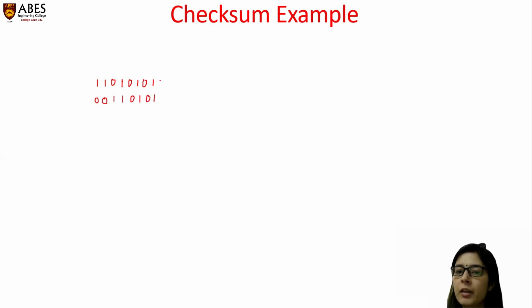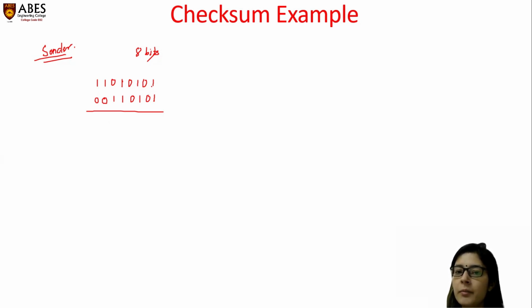We have divided the data into two segments, two subunits, each of size 8 bits. Now the process of checksum will start at the sender's end. Right now we are discussing the sender's end, and then we will discuss the receiver's end. So this is the data which was divided into two segments, each of size 8 bits.